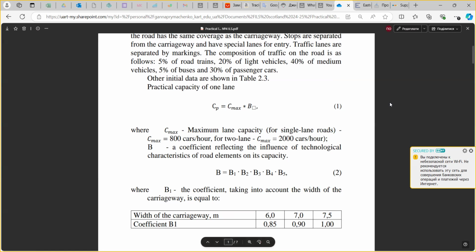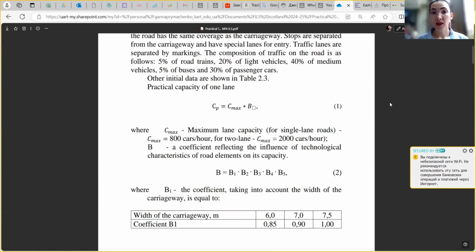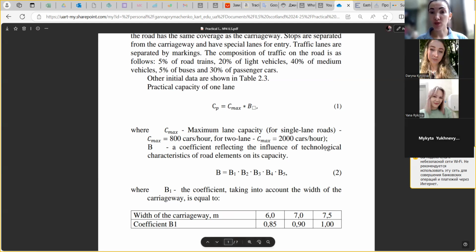So, okay. The first formula we can solve is formula number 2. We need to find a coefficient B. What does it mean?